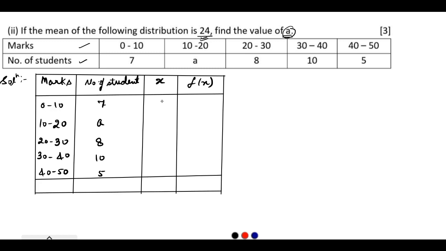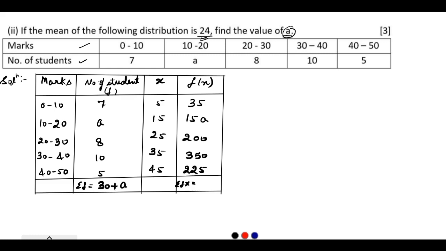Midpoint of class interval, that is 5, 15, 25 and so on. Now find fx. This is frequency. Find summation f and summation fx. 30 plus a. Summation fx is equal to 810 plus 15a.